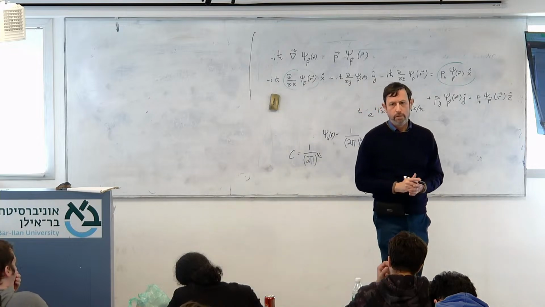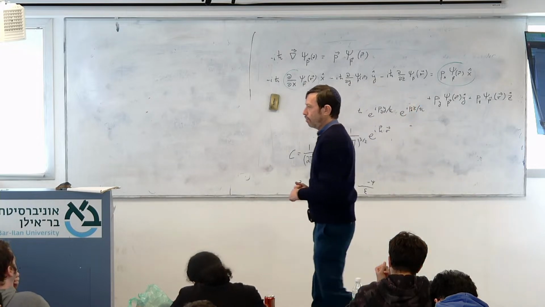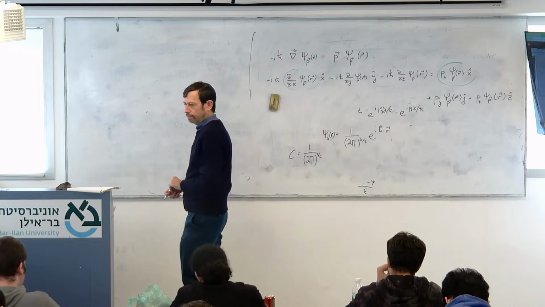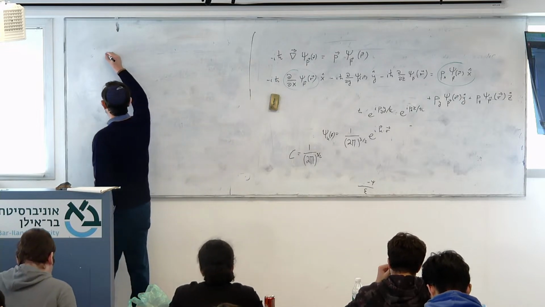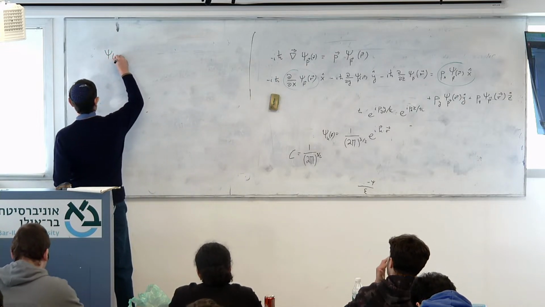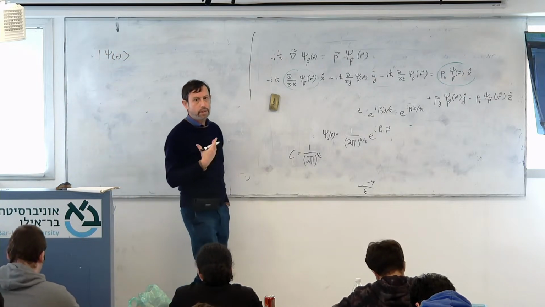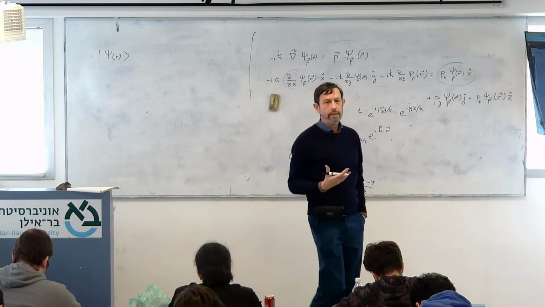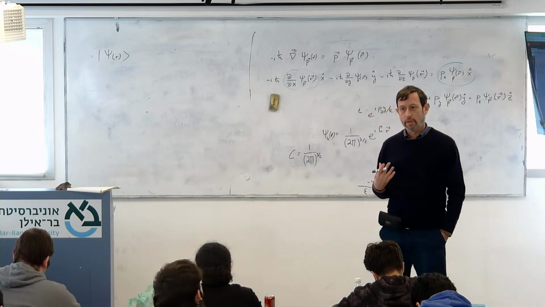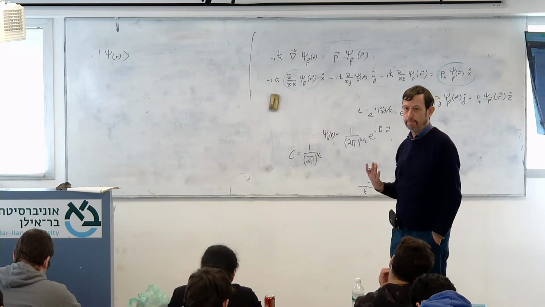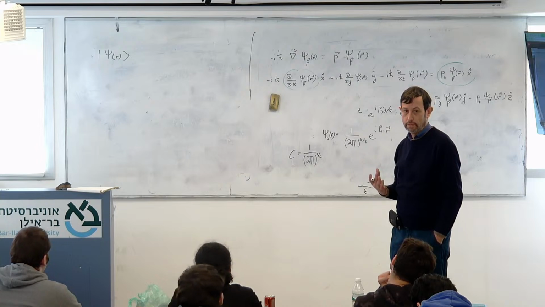Okay, so let's say someone gives me a wave function, and I want to express it in the eigenvectors of the momentum operator. Why?